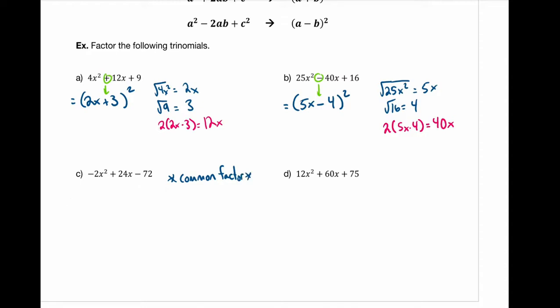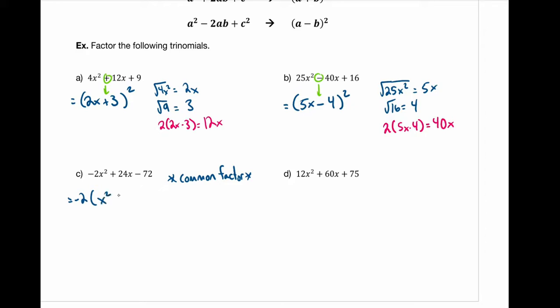In this case, I can take out a common factor of -2, because I want to make sure that my first term is usually positive. Generally that's a nice one to have. So I'm going to factor out a -2.